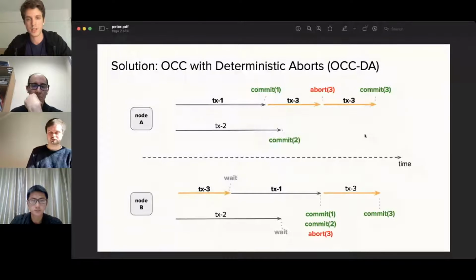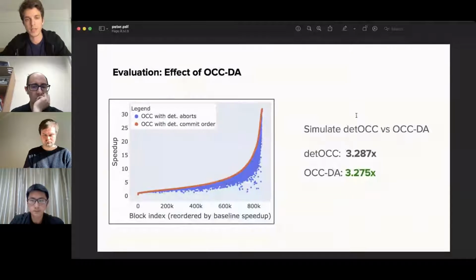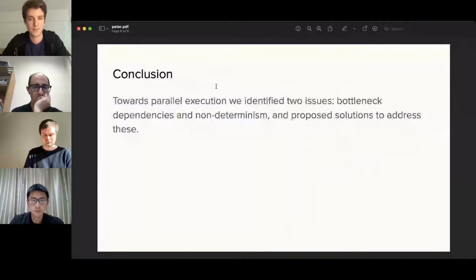This way, all the nodes in the distributed blockchain network reach the same abort and commit decisions, and we can reach consistency and consensus. We expect some performance impact from this approach because transactions that could be committed need to be aborted. But based on our evaluations, the performance impact seems to be well within the acceptable range.